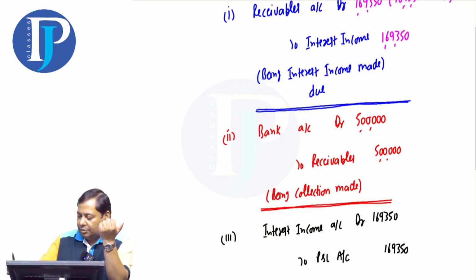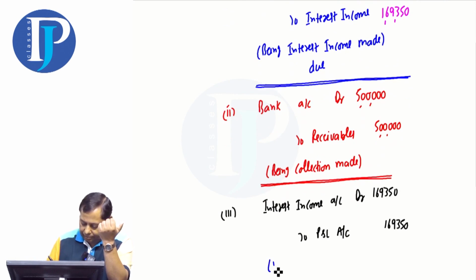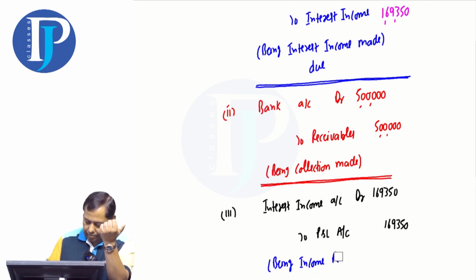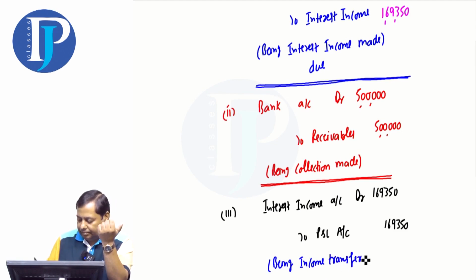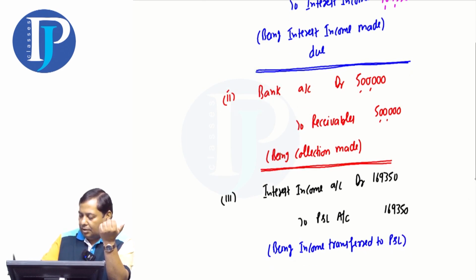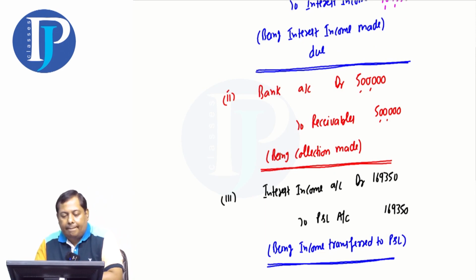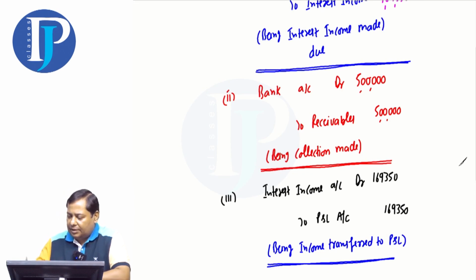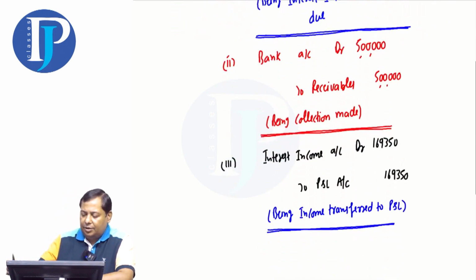Being income transferred to P&L. Transfer it to the profit and loss. Interest was made due, collected and added to P&L. This was for one installment. Now we will proceed and look at point C.